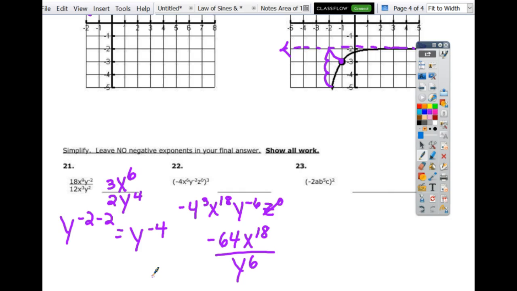All the things. I did distribute it to the -4. But it's -4 to the 3rd power, which is 4 to the 3rd power with a big fat negative sign. Like, what would you do with it?